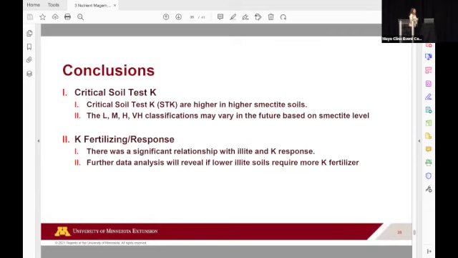As far as fertilizing and response, we do see a significant relationship between the amount of illite in your soil and your K response. As we dig into this more, we'll be able to reveal if that lower illite indeed does require more potassium fertilizer.